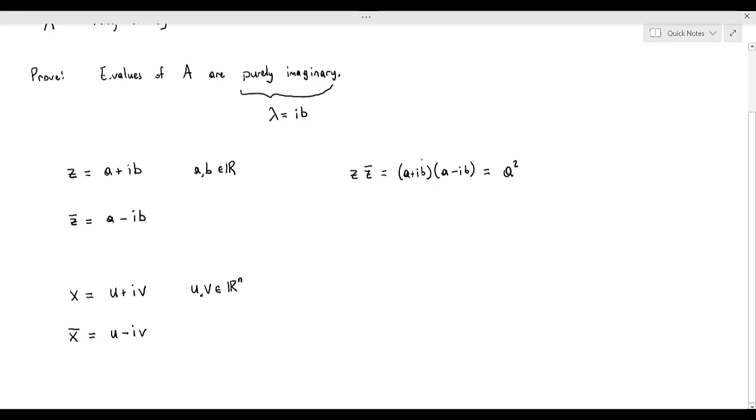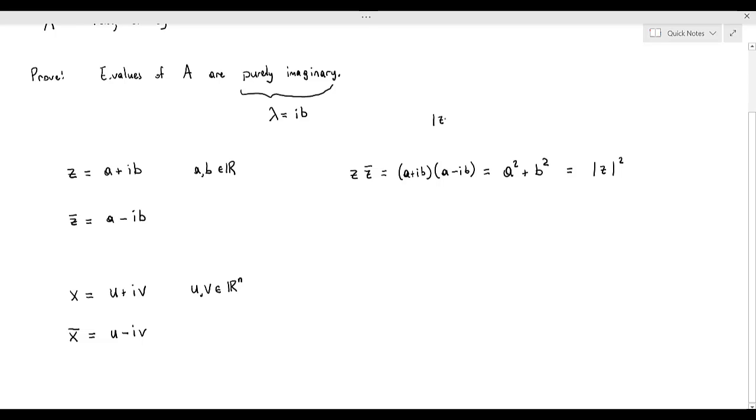And then here you're going to get minus i squared b squared. Now i squared itself is -1, so minus i squared b squared is actually plus b squared, okay? All right, so this is the magnitude of the complex number z squared.